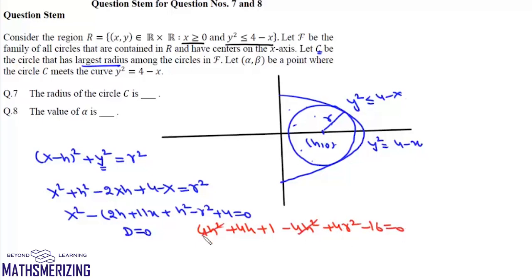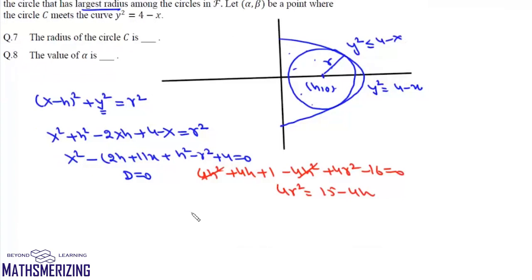Now this 4h square will cancel. So we'll get 4r square equals 15 minus 4h, or r square will be 15 by 4 minus h. So this r will be maximum when this h is minimum.